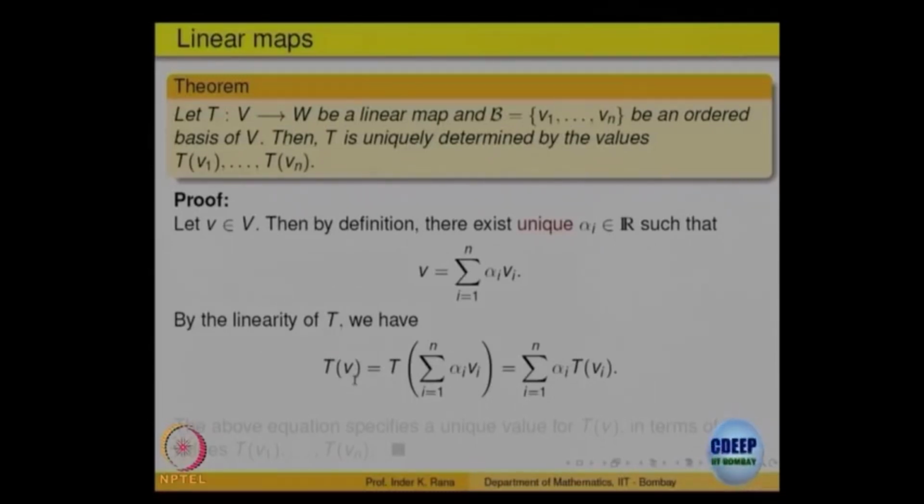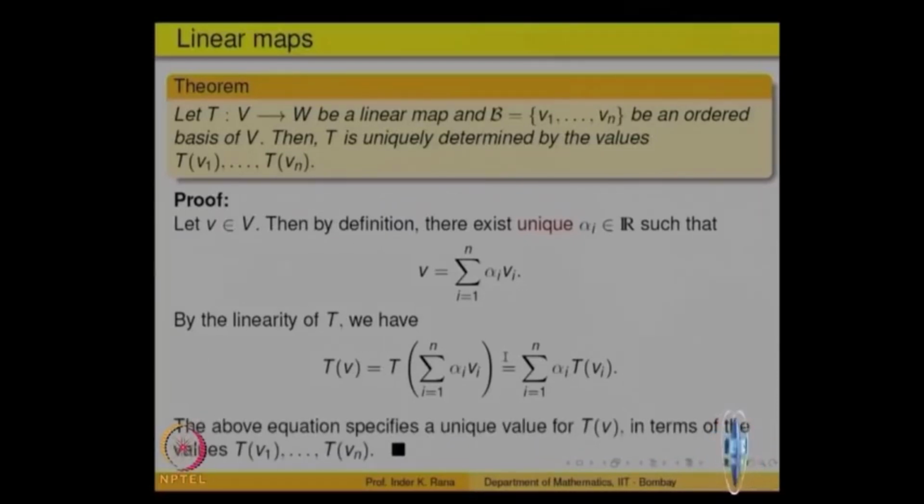So, once you fix the values of a linear transformation on the basis vectors, its value for every vector is fixed. There is only one unique way you can do it: if v is sigma alpha_i v_i, then T of v is sigma alpha_i T of v_i, a linear combination of the T of v_i's. So, if T of v_i's are fixed, and alpha_i's are unique for the vector v, everything is fixed, right.